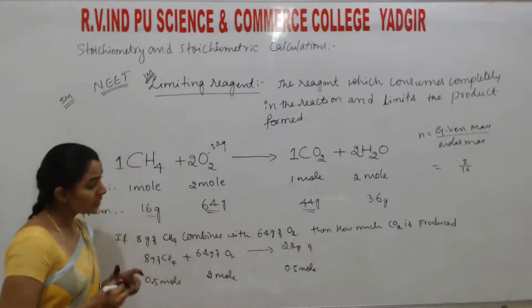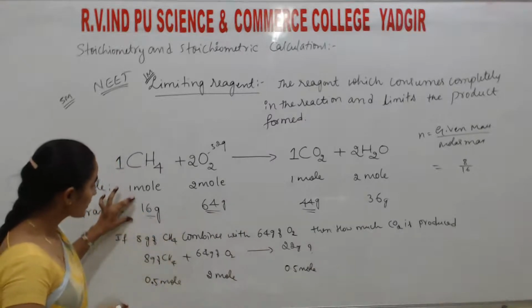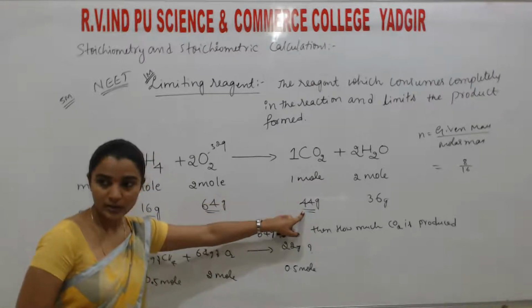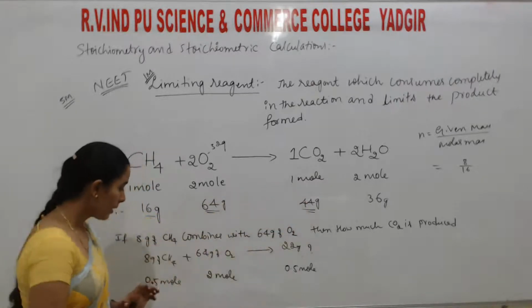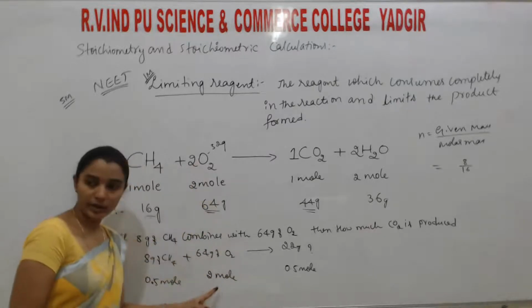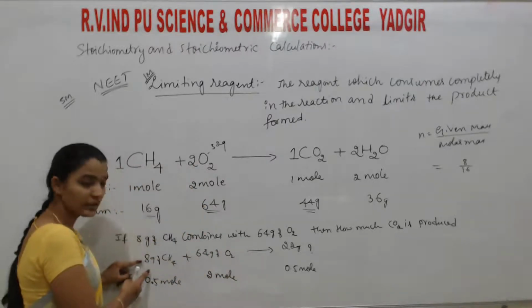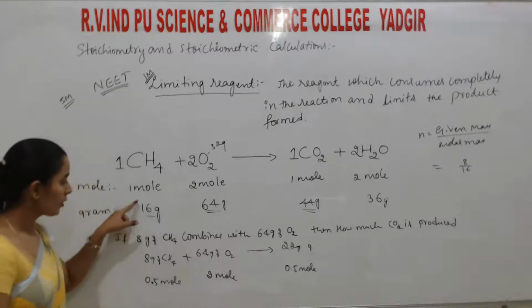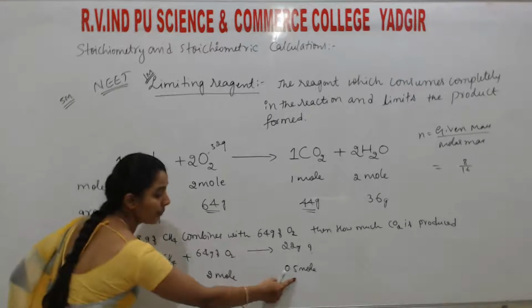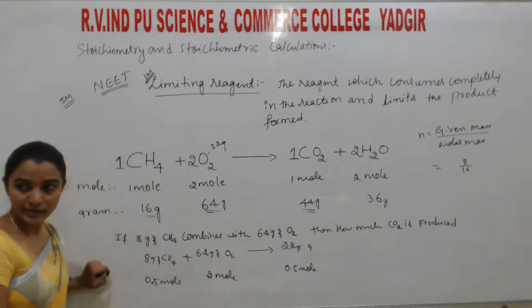So students, according to the equation, if 1 mole of CH4 combines with 2 moles of oxygen, the product formed is 1 mole of CO2. But here the O2 is completely 2 mole, while the amount of CH4 is changed: here 1 mole, there 0.5 mole. So only 0.5 mole of carbon dioxide is formed.